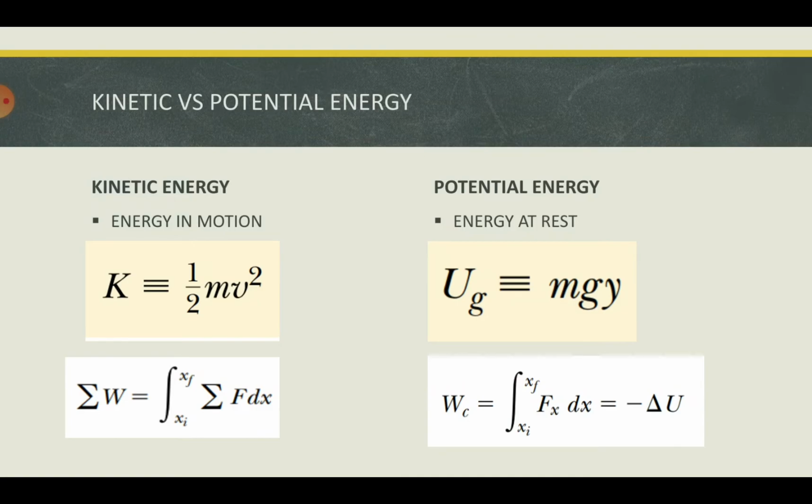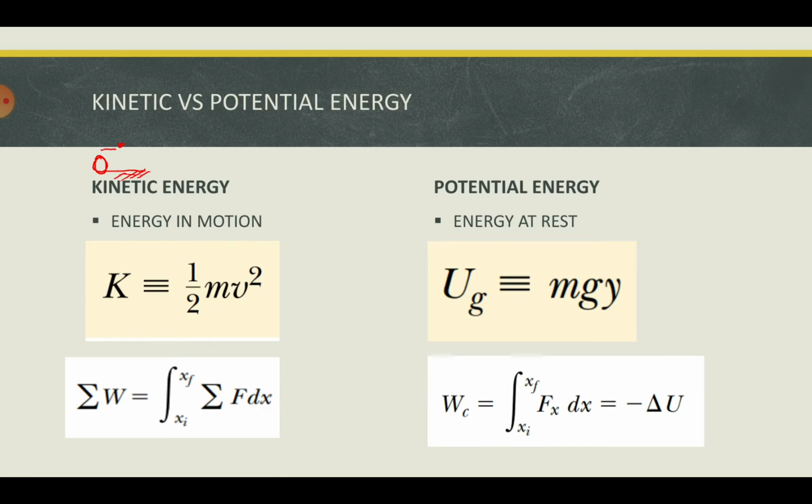So kinetic energy is the energy in motion, meaning this kinetic energy is energy that is produced by moving objects. The formula for kinetic energy is K equals 1/2 mv squared.